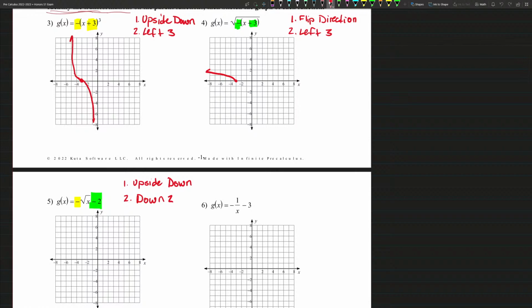So upside down and down 2. So we're going to look something like that. Again, it doesn't have to be super exact, so long as you know the shape of it, I'm fine.